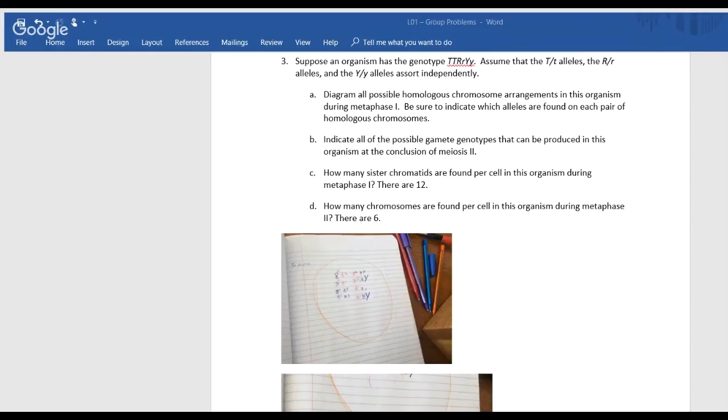Okay, so draw a diagram of all the possible homologous chromosome arrangements in the organism during metaphase 1. Be sure to indicate which alleles are found in the pair of homologous chromosomes. So we're talking about metaphase 1.